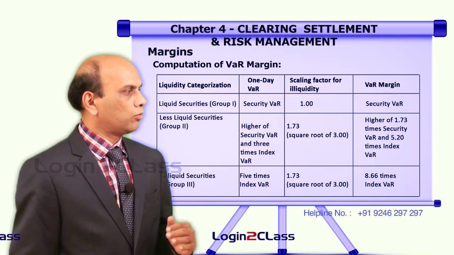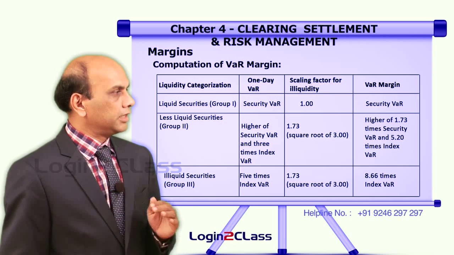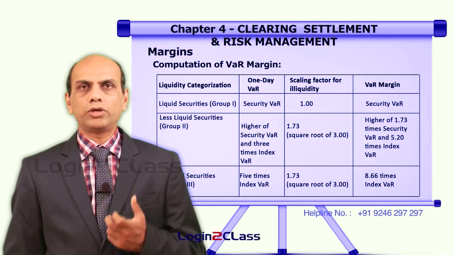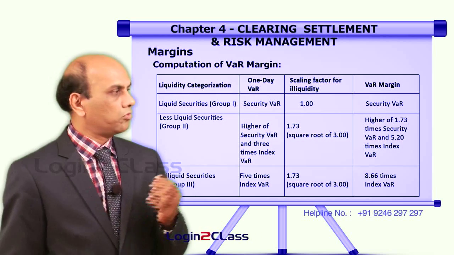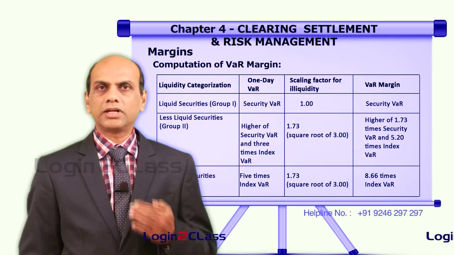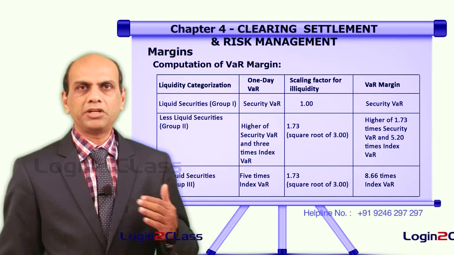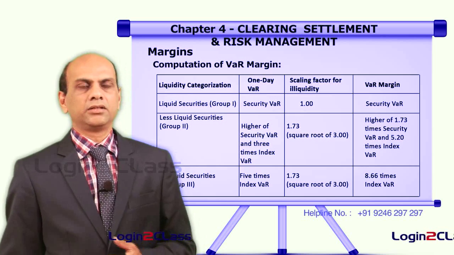Now, coming to illiquid securities, that is the third group category of securities. In this, the 1-day value at risk is taken as 5 times index VAR. We have already seen how index VAR is calculated. It is calculated as the previous day ending volatility.